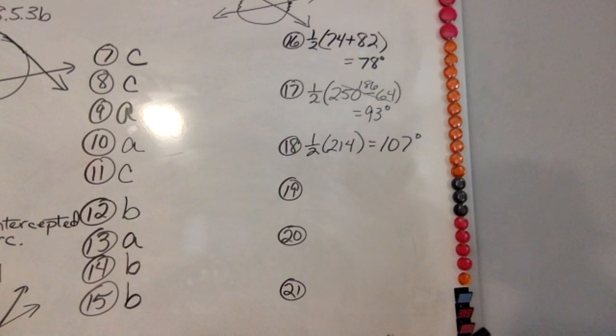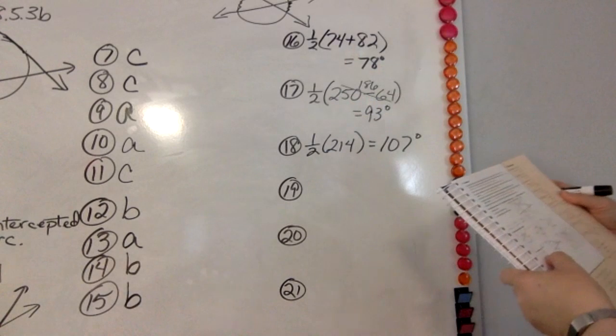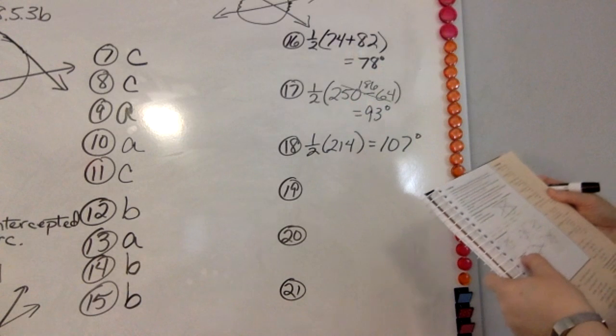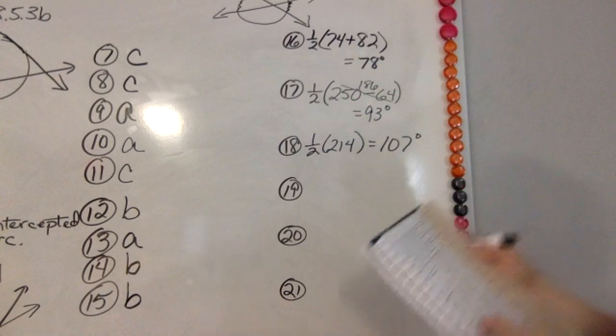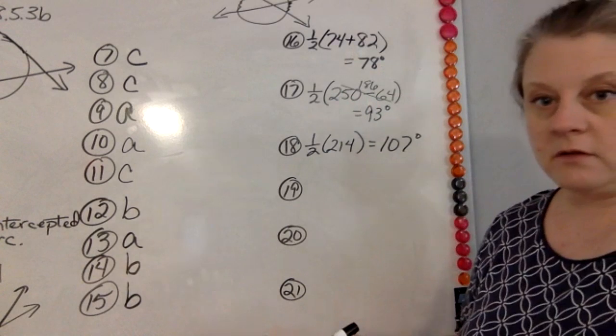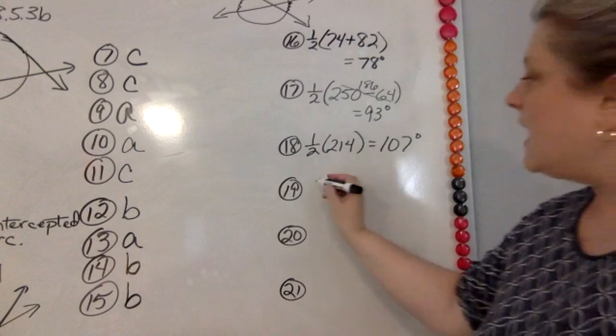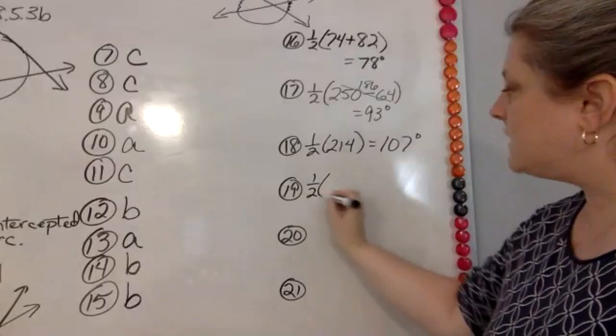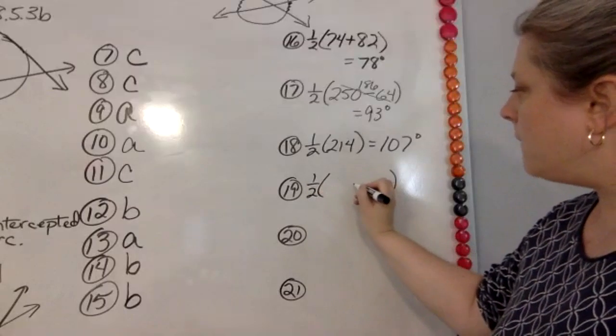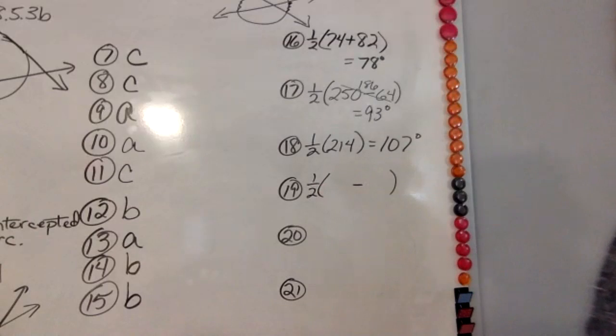So on 19, you're looking there at, I think that's an A. It's obviously outside the circle, correct? Yes. So if it's outside the circle, I know I have to do 1/2 times the large arc minus the smaller arc, right? Now, I've got 2 tangents there.